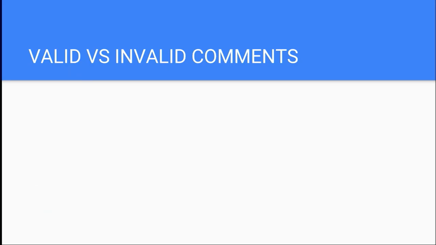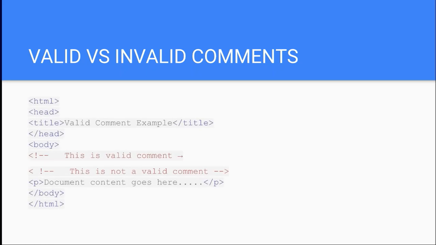Let's talk about valid and invalid comments. You should write proper code, then only your comment is called valid. If not, that will be invalid. So let us see what is a valid code and what is an invalid code. Here in this example, you see a valid code and an invalid code.